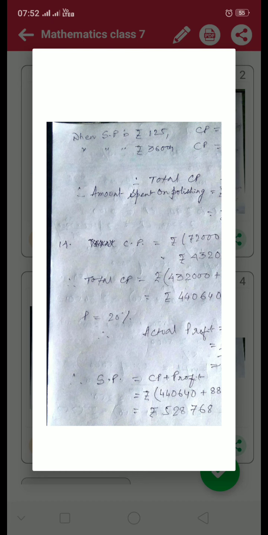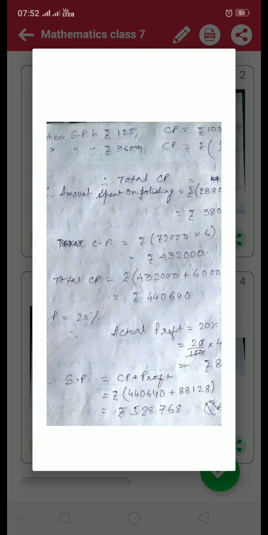So SP of all the tables will be CP plus profit, that is 440640 plus 88,128, and adding you will get 528768. Now this is the total selling price, but they have asked the selling price of one table.